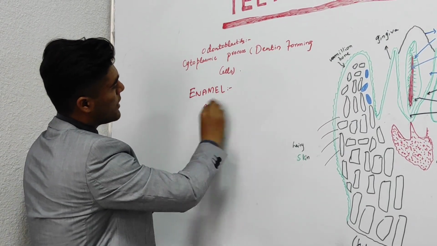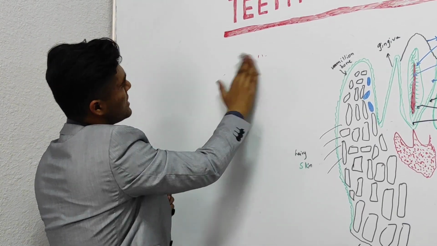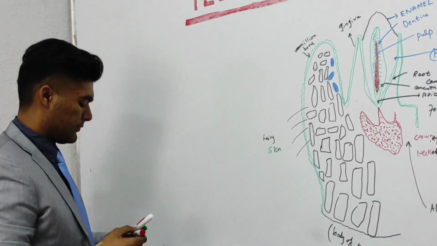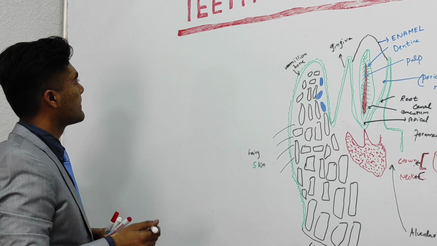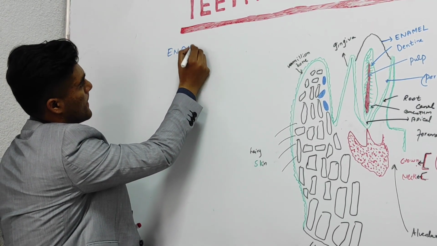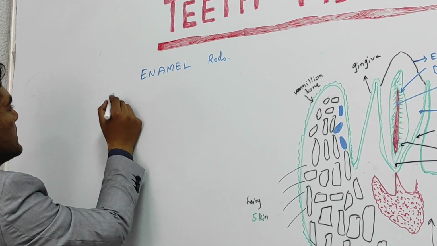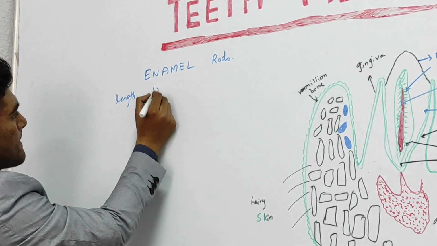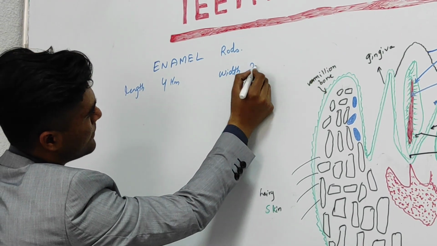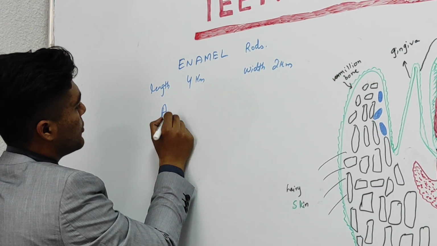The length of an enamel rod is 4 micrometer and the width is 2 micrometer. And origination is basically from the ameloblast.